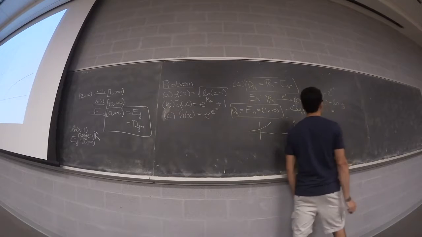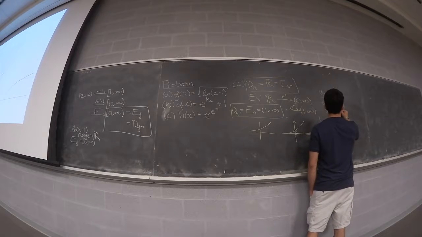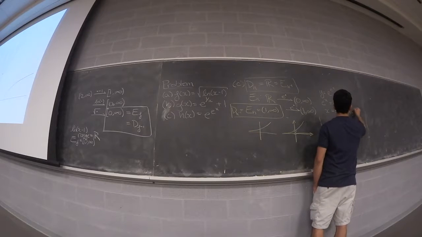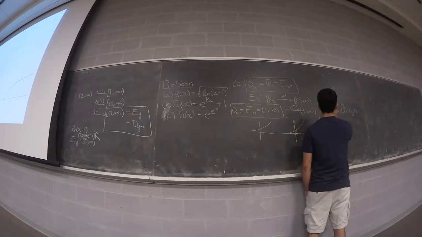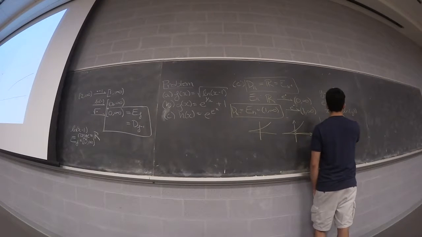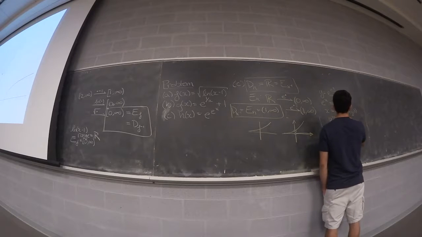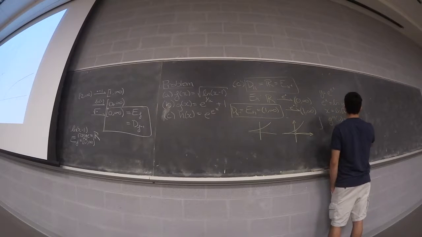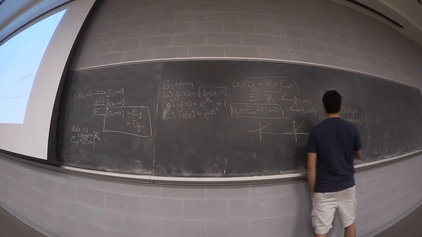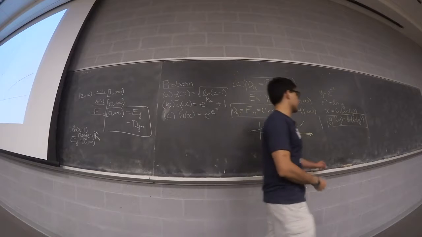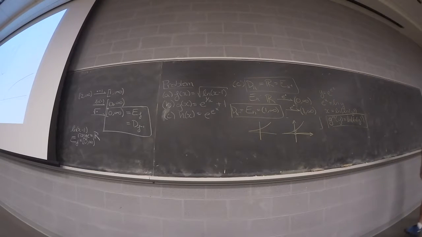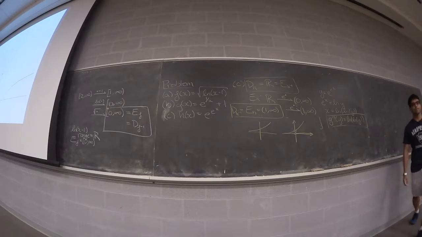Okay, take ln of both sides again. Ln of y. So g inverse of y is ln of y. Or you can put x in there. Or a picture of a cat. Yes, sir? It's h.